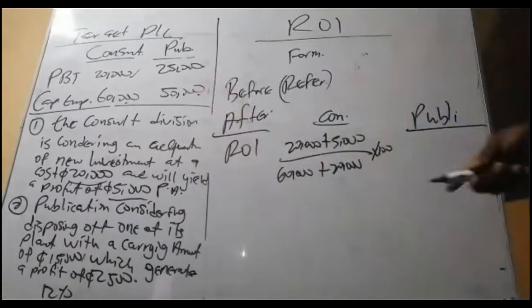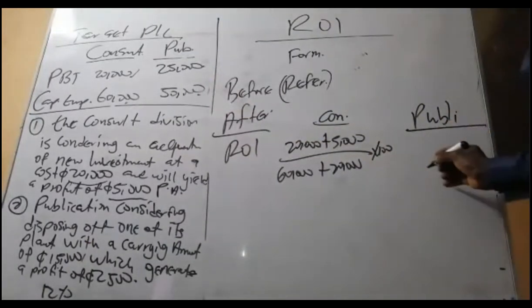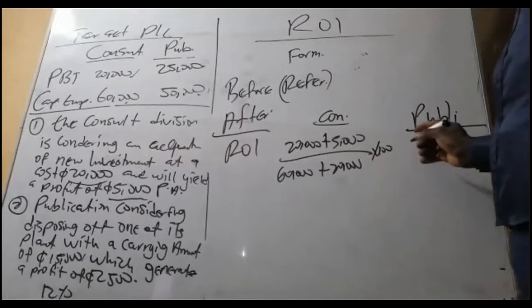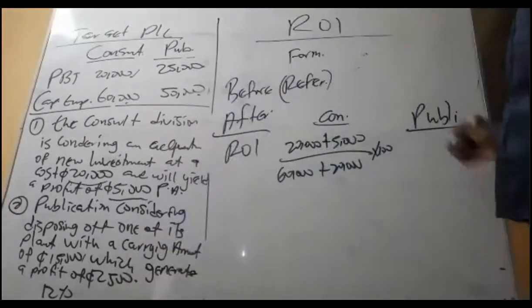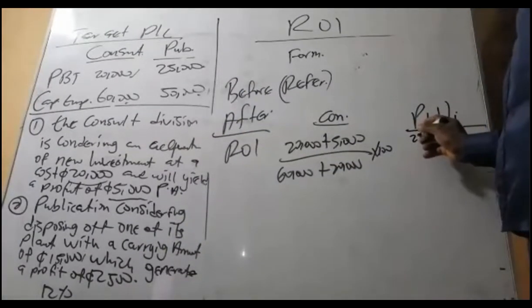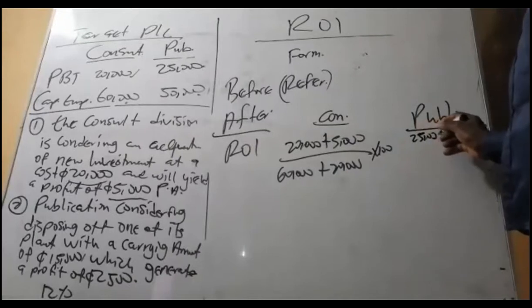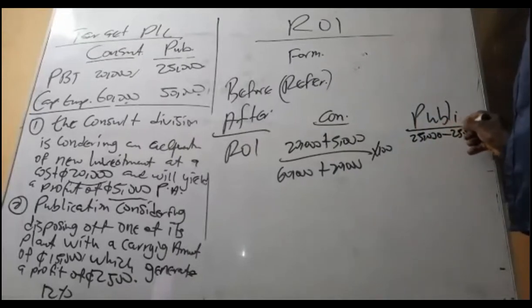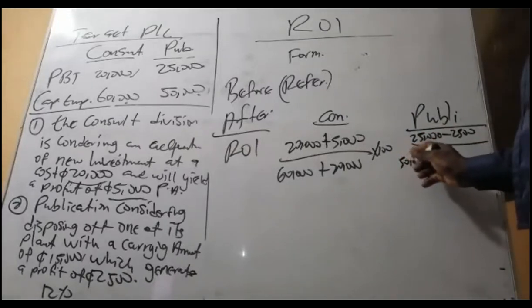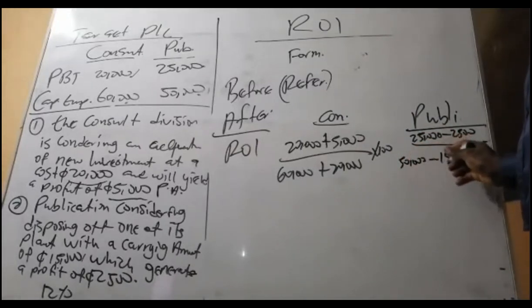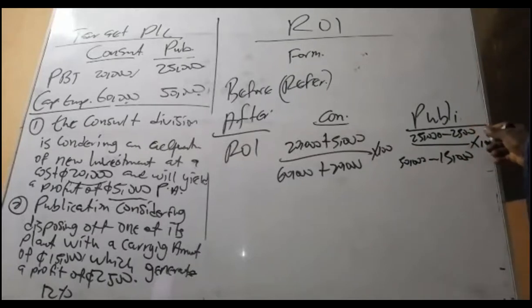The profit too is 25,000 less the 2,500 that is going. So 25,000 less 2,500, all divided by the 50,000 less 15,000. Don't forget that it's all times 100.